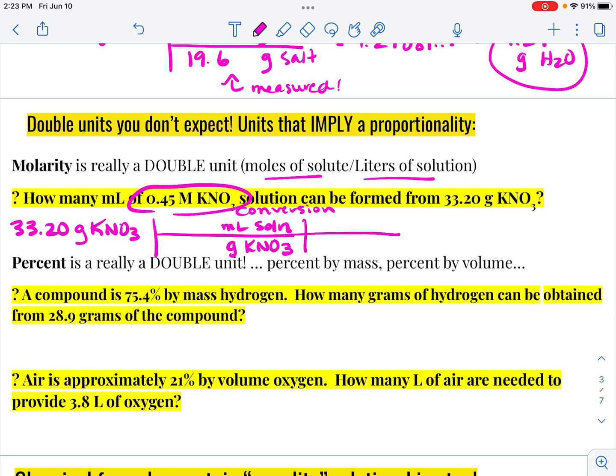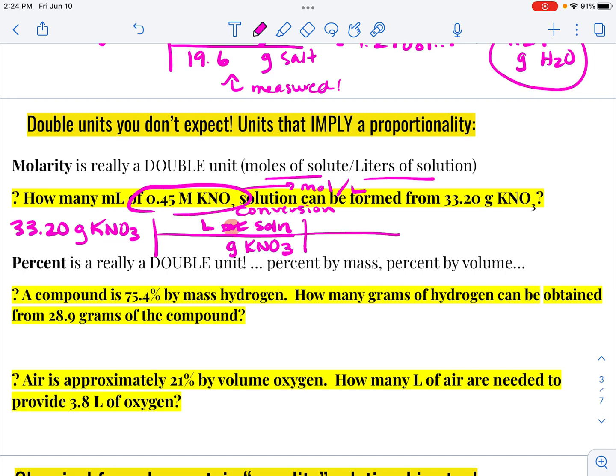So I can do this and get myself from grams to not milliliters, but grams to liters. Right? Notice that milliliters are a problem, but I can get from grams to liters, except that I can't because molarity is moles per liter.